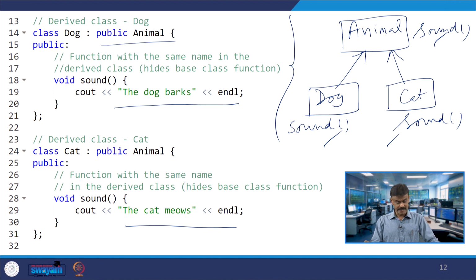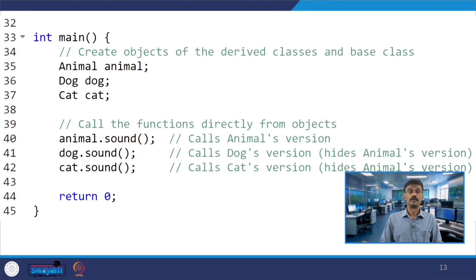When you are creating objects, assume I create an object a under the class Animal, an object d under the class Dog, and an object c under the class Cat.